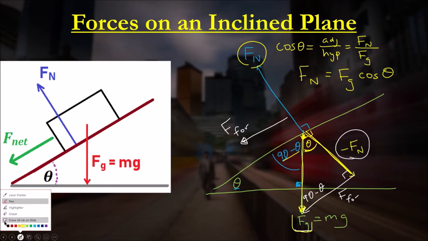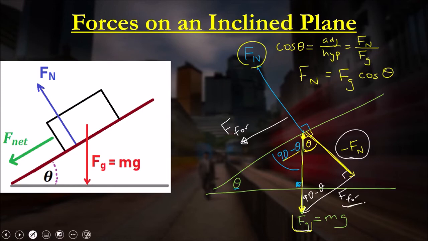So the next part we're going to look at is for our forwards motion. This is the opposite side. This is the hypotenuse. Okay? So we have the opposite side over the hypotenuse, which is F forwards over Fg.